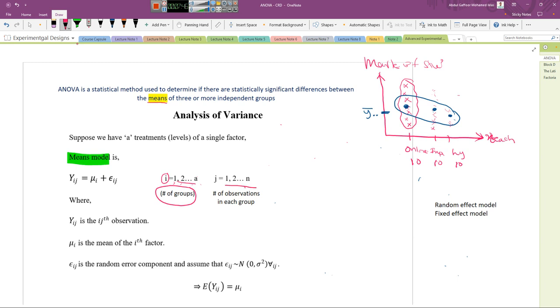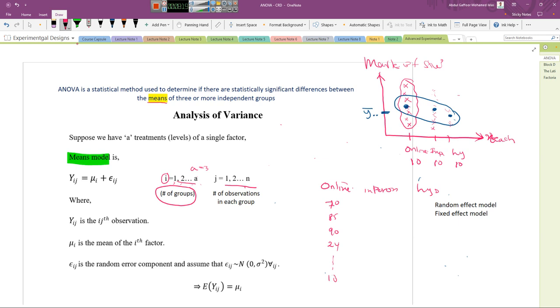So for example, if you take online, in person, and hybrid, these three are our treatments, so A is 3. We have taken 10 students and we are taking their marks, let's say 70, 85, 90, 24, and so on.